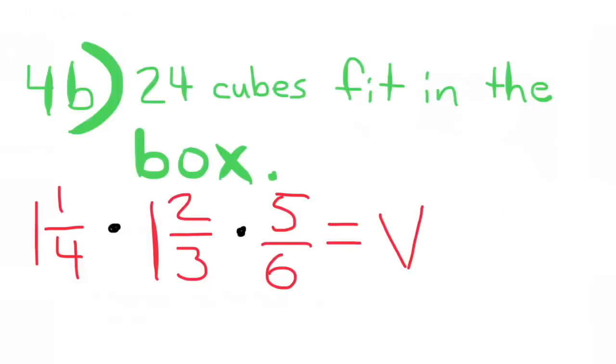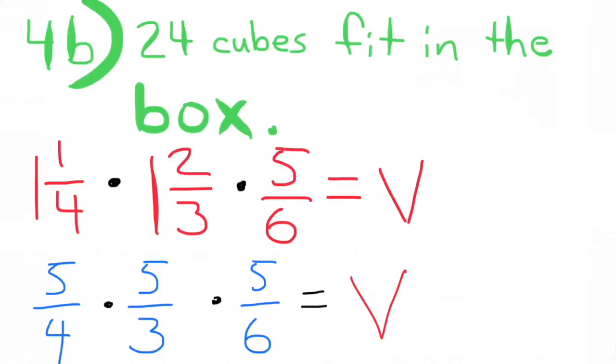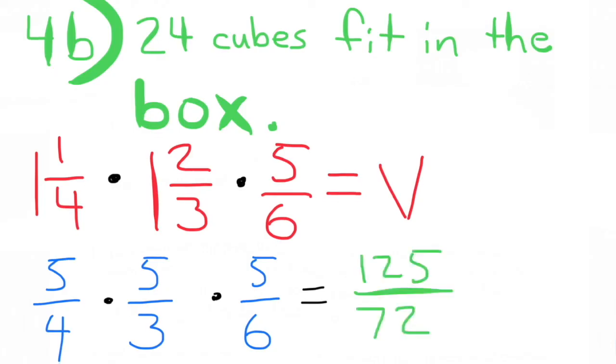1 1/4 times 1 2/3 times 5/6 equals the volume of the box. That's the same as 5/4 times 5/3 times 5/6 equals the volume of the box. The volume is 125 over 72.